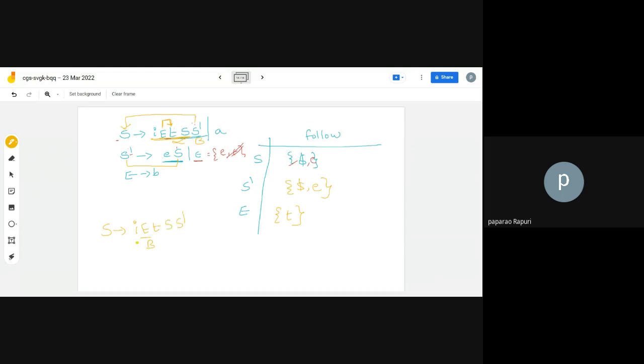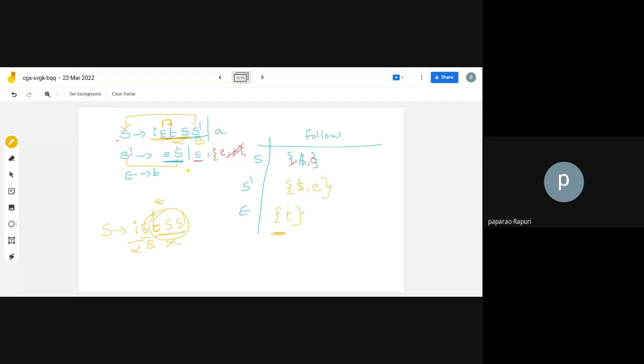Here it is B, it is alpha, and here it is X, and this is not belonging to epsilon. Small t is not epsilon. In that case, follow of B is equal to first of this one, first of T, so that is T. So for this example, the follow of S, S dash and E are dollar, E, and small t.